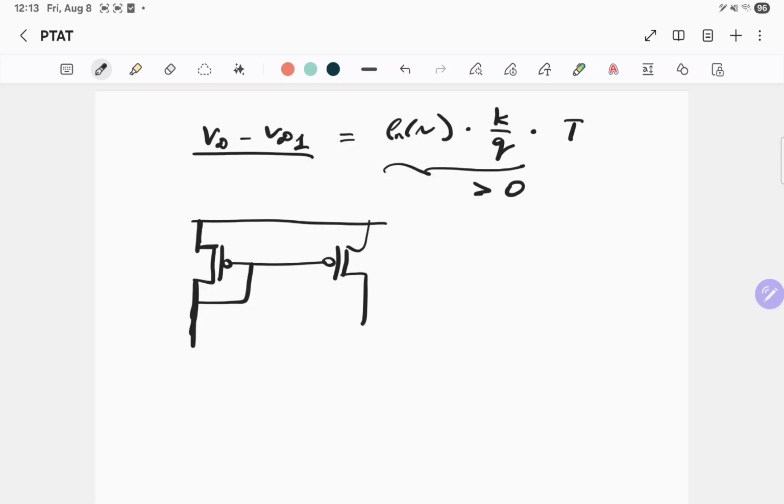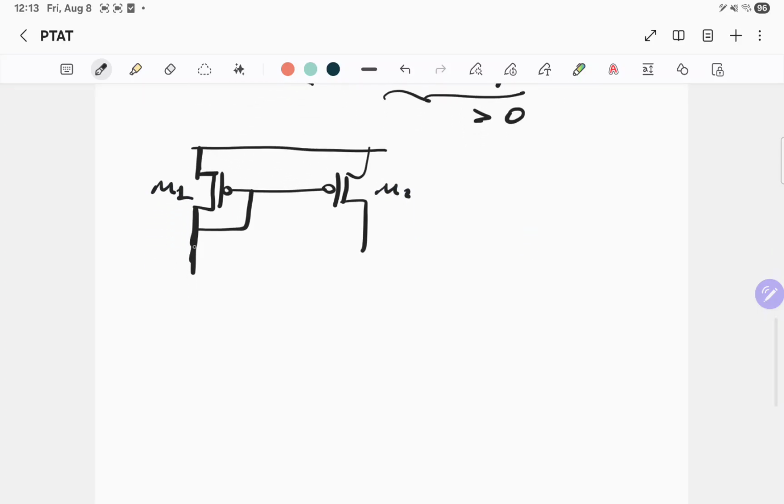So we connect, let's call them M1 and M2, the drain of the M1 to the diode D, and the drain of the M2 to the diodes D1, D2, Dn.